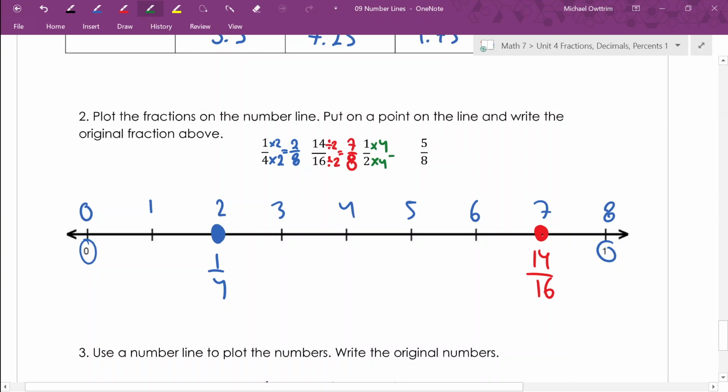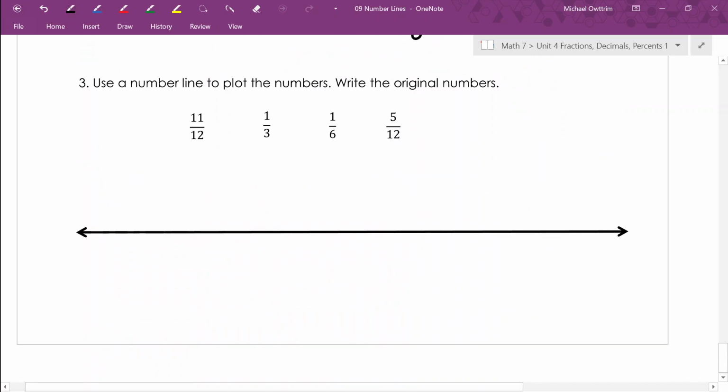So 1 times 4 is 4, and 2 times 4 is 8. So here is our position of our 1/2. And then 5/8 is already out of 8. So we'll just label that one 5/8. Okay, again, notice that our labels on the number line are using the original way that the number was written, not using the converted way.